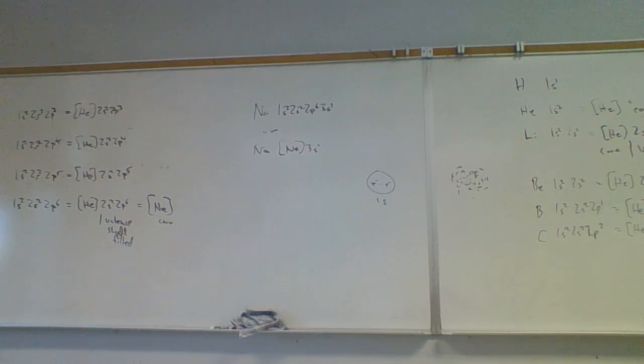You know what these elements are called? These are called the lanthanides, and these are called the actinides. And so this whole row is the lanthanides and the actinides, and these are called the rare earth elements. These aren't that common.